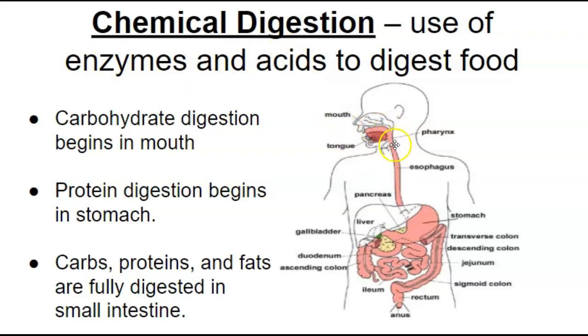We talked about amylase in the mouth to digest carbohydrates, pepsin in the stomach to digest proteins, and then in our small intestine, we get all of the enzymes from the pancreas, and we get bile from the gallbladder. And so chemical digestion really happens throughout the whole first part of the digestive tract, right? In our stomach, our mouth, and our small intestine.